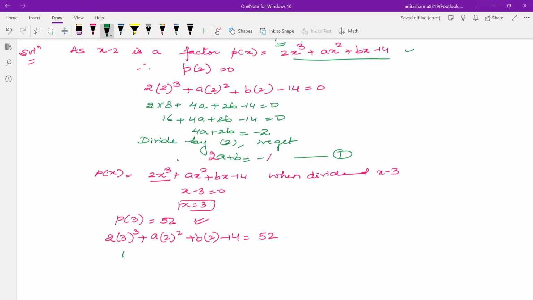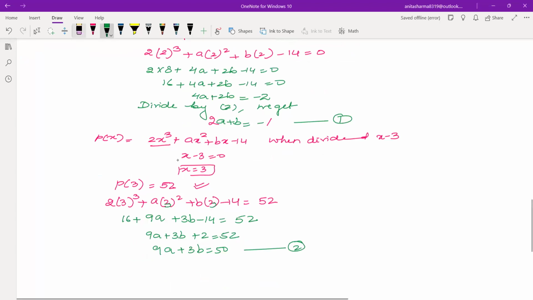So 3 cube is 27, 2 times 27 is 54, so 9a plus 3b minus 14 will be equal to 52. Then 9a plus 3b equals 52 plus 14, and you will get 9a plus 3b equal to 66. Ma'am, 3 cube is 27, right?